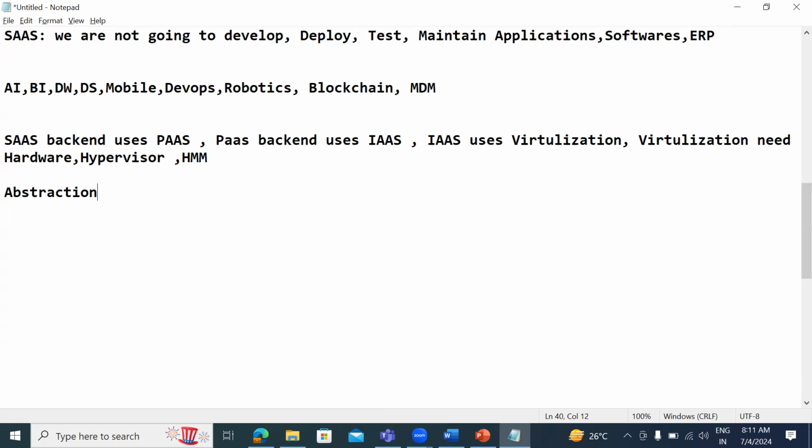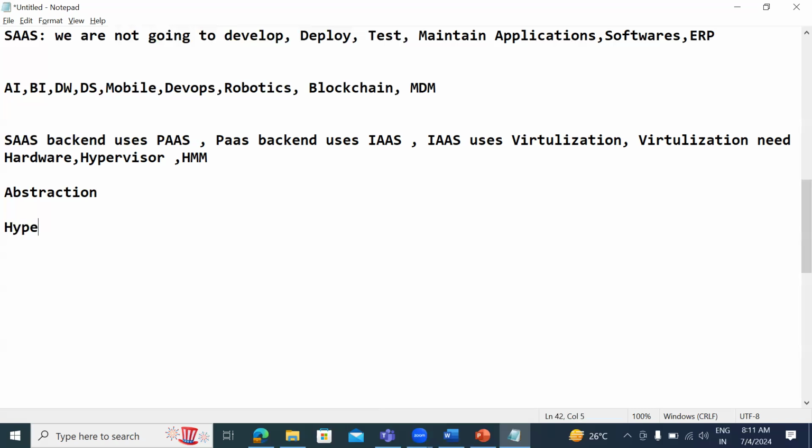But in the public cloud, that layer has been abstracted for us. Hence, it's very simple to use, simple to set up. The complexity has been hidden from the business. We are only going to use it as a service. That is the main advantage we are going to get.